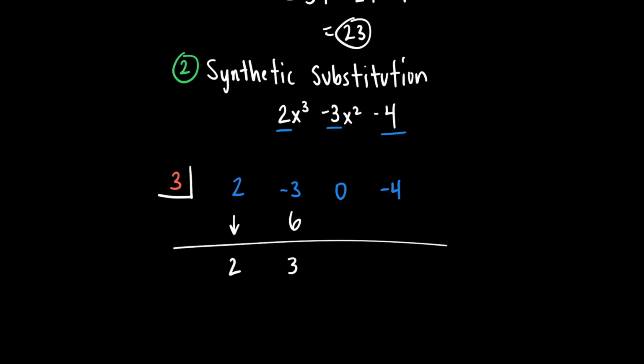We multiply up, so 3 times 3 is 9. 0 plus 9 is 9. 3 times 9 is 27. And then negative 4 plus 27 is 23. Look at that. That's the exact same answer as we just got. So that's the synthetic substitution.